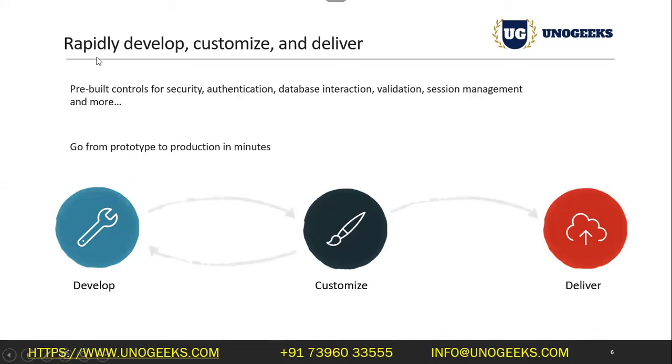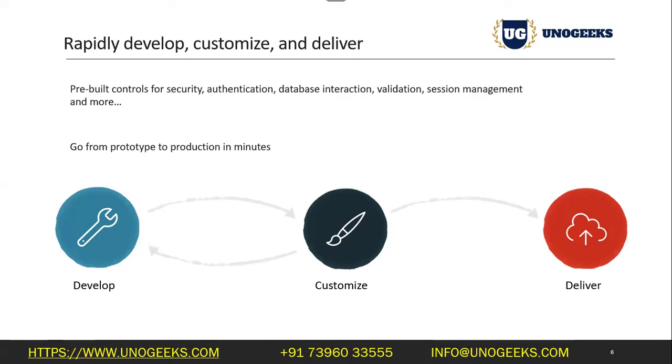Using Oracle Apex, we can rapidly develop, customize, and deliver things. As it is a low-code platform, everything is pre-built, for example security, authentication, and connectivity with the database. Suppose you consider any J2EE application or any Java-based application, in that case we need to make the database connection using J2EE or some other means. Here everything will be ready.